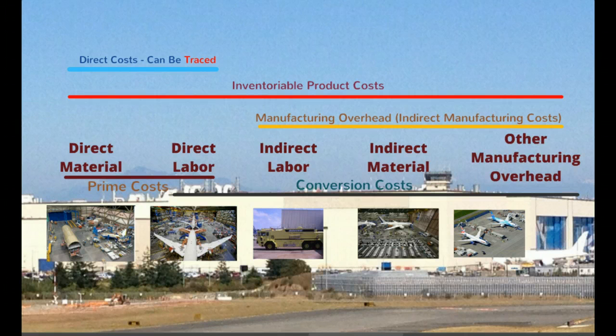Taken all together, as I said at the start, these are the inventoriable product costs. These are the 5 kinds of costs that are involved in producing the inventory, in producing the physical product. So taken all together, these are the inventoriable product costs.